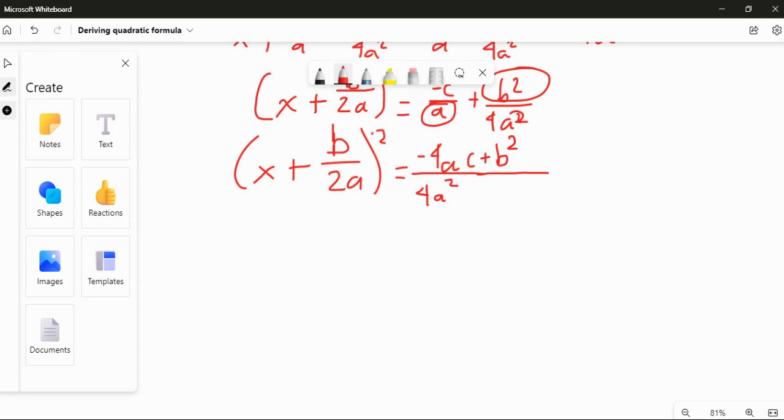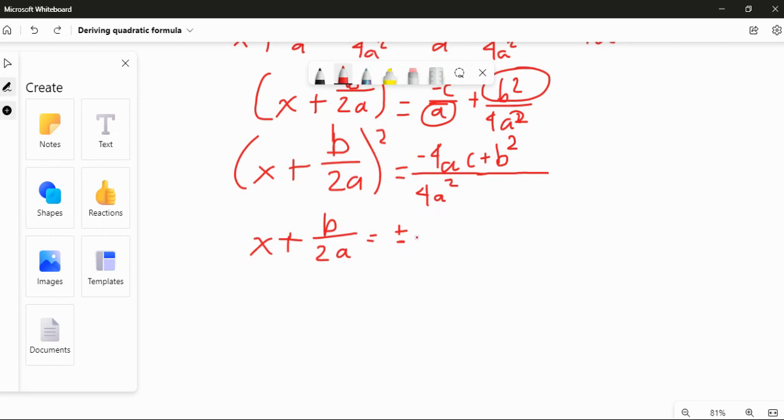So we take the positive and negative root of it. So x plus b over 2a all equals plus or minus the square root of all of that.